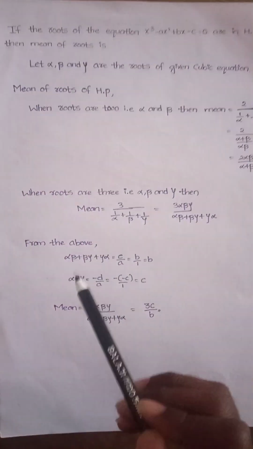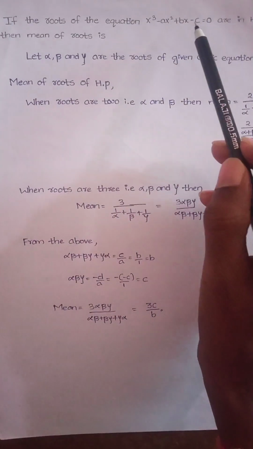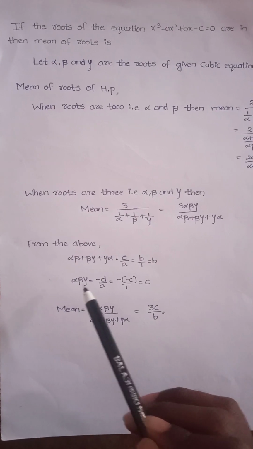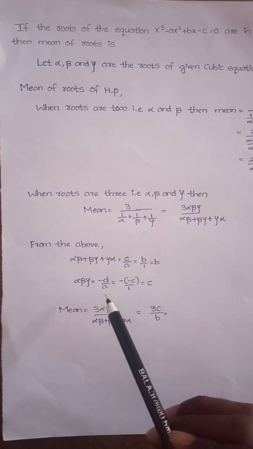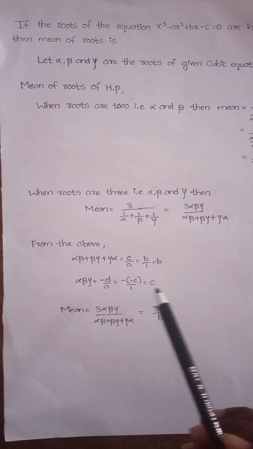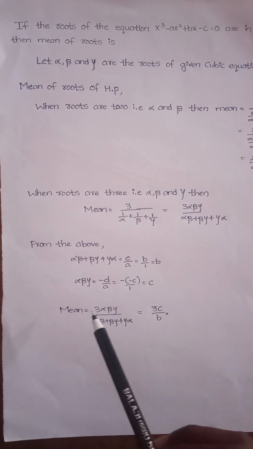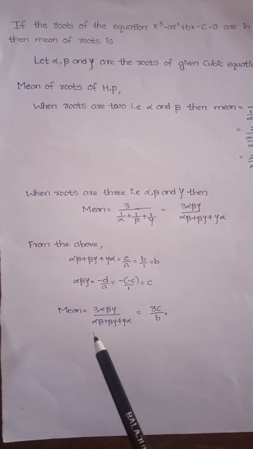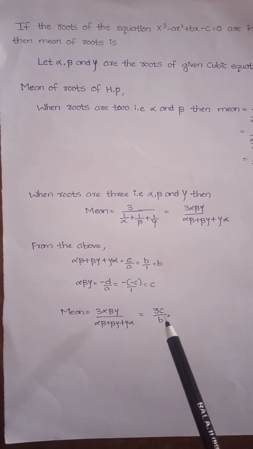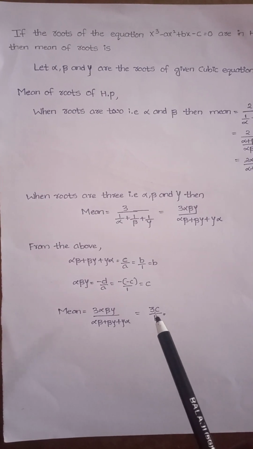From this, alpha beta plus beta gamma plus gamma alpha is equal to c by a, that is b by 1, which is b, and the product of roots, alpha into beta into gamma, is equal to minus d by a, that is minus of minus c by 1, which is equal to c. Now substituting these values, we get mean equals 3 alpha beta gamma by alpha beta plus beta gamma plus gamma alpha, that is equal to 3 into c by b. So this is the mean of roots in HP that we required.